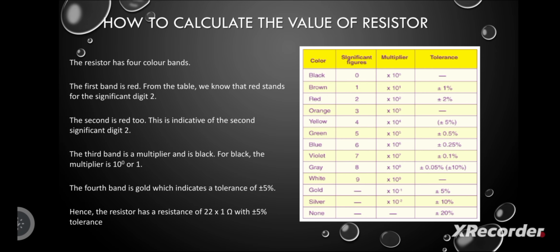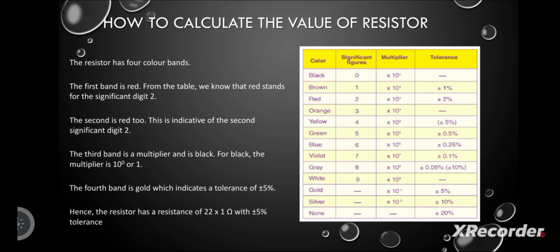Black is on the top, so for black the multiplier is 10 to the power 0. Any number which has a power of 0 is equal to 1, right? The fourth band is gold, which indicates a tolerance of plus minus 5%.